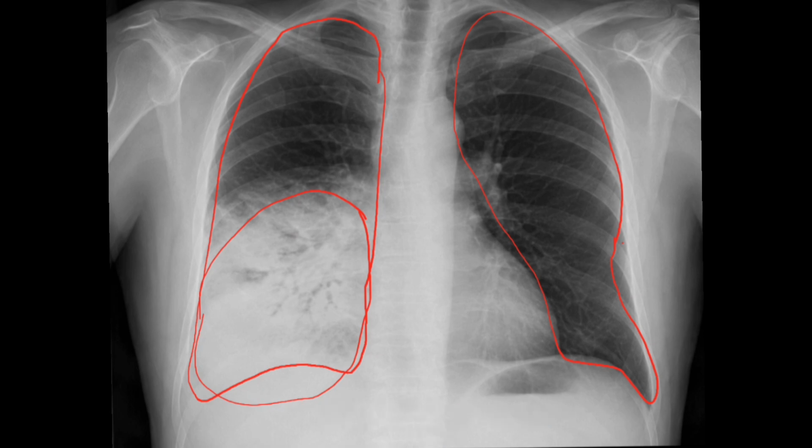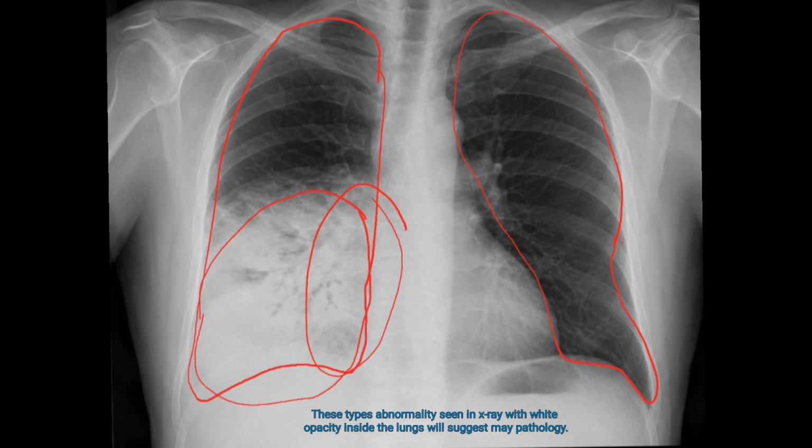In a normal X-ray, the diaphragm should be clearly visible, but on the right side there is loss of the diaphragmatic outline, and the heart borders should remain sharp, but on the right side there is absence of the heart border. So these are the key features of pneumonia. If these abnormalities are seen in an X-ray with white opacity inside the lungs, it suggests a pathology.